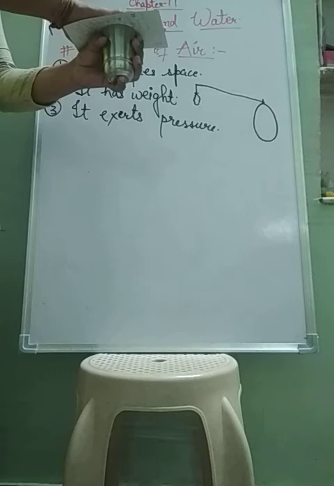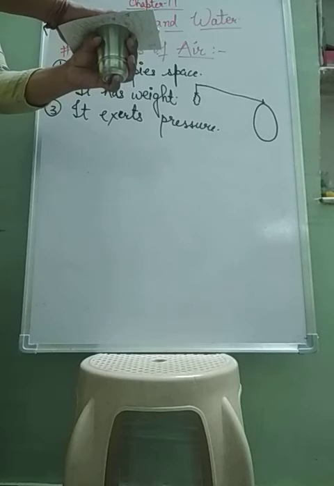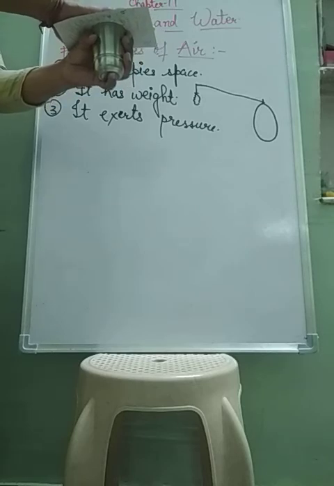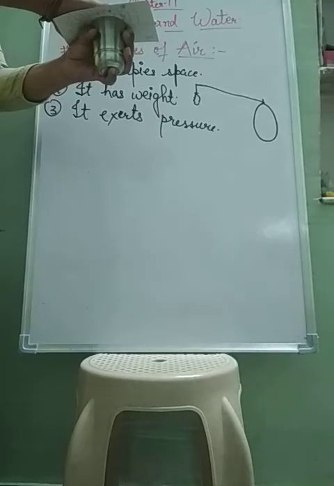I am pressing it over here, which shows that air exerts pressure, because whatever air is present between the cardboard and the glass will be removed. The air outside will provide pressure on the glass.